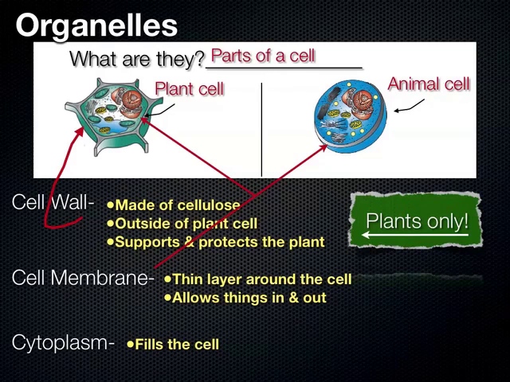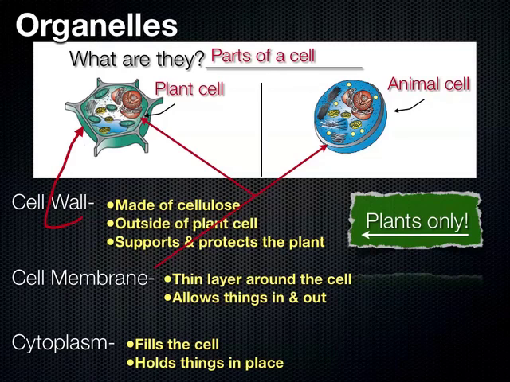Filling up most of the inside of the cell is a material called cytoplasm. Cytoplasm holds all the other parts of the cell in place. It's kind of a liquidy material. Did you ever have that dessert that's like Jell-O, but inside is little chunks of fruit?